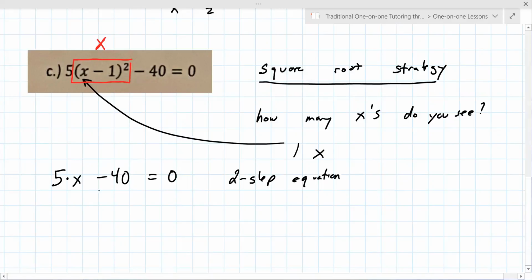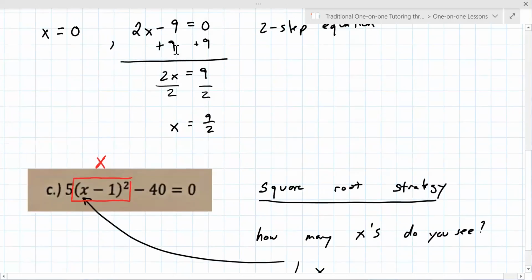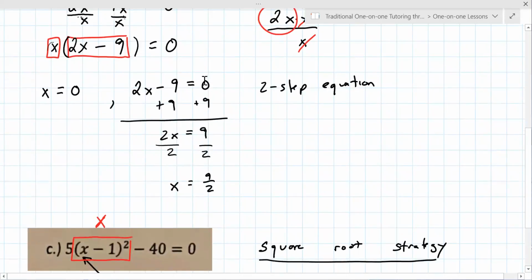Okay. So let's go back. It's the same as this problem right here: 2x minus 9 equals 0. What did we do to solve this? We just added 9. Why did we add 9?